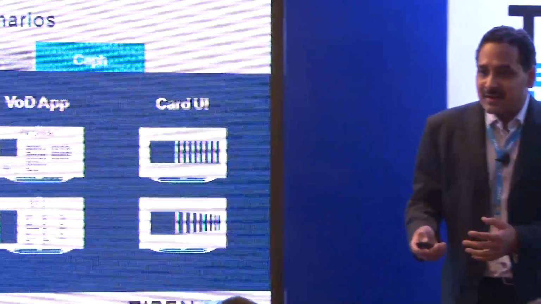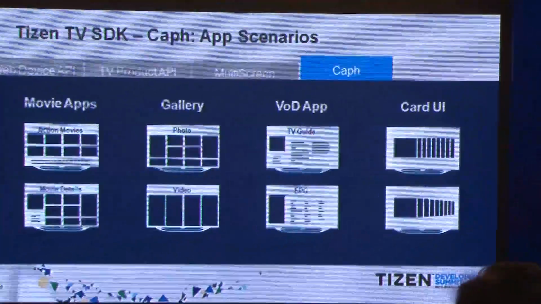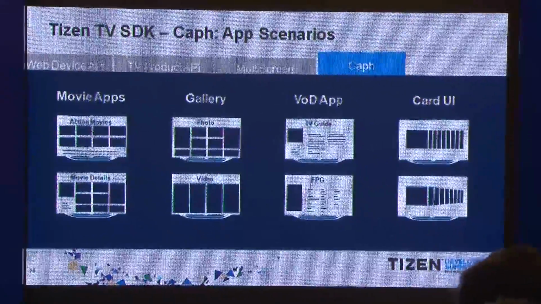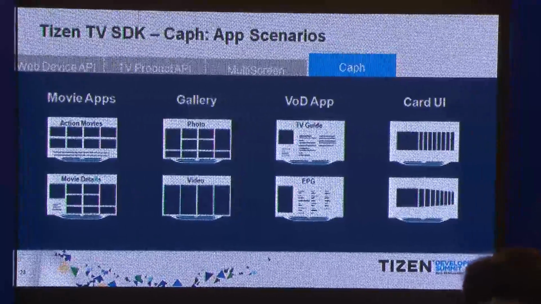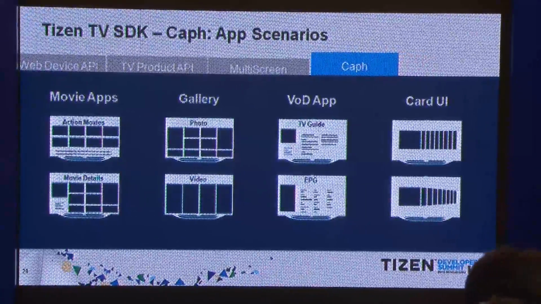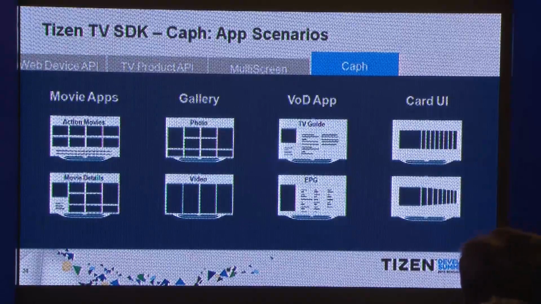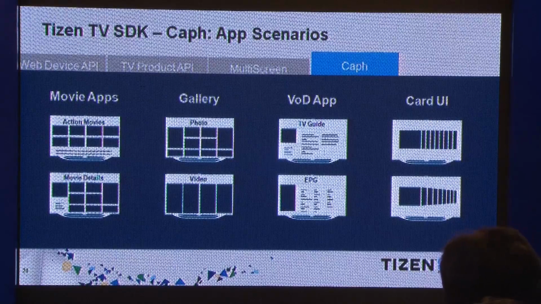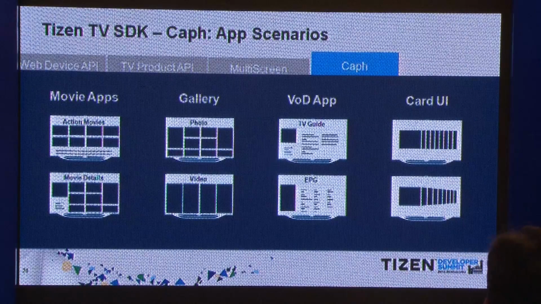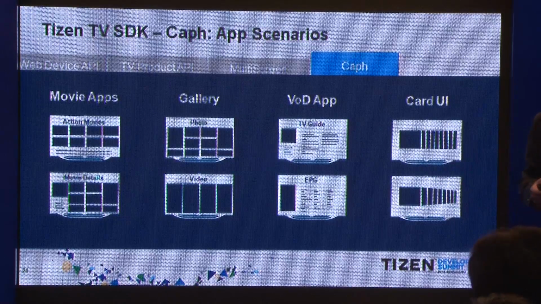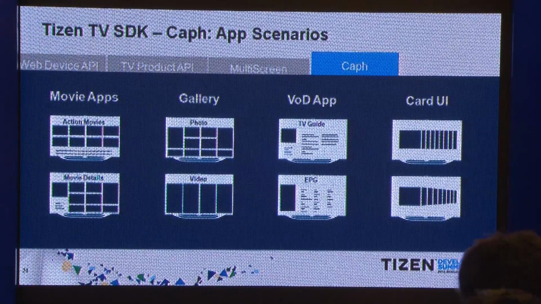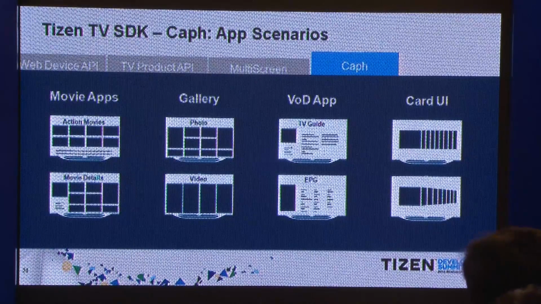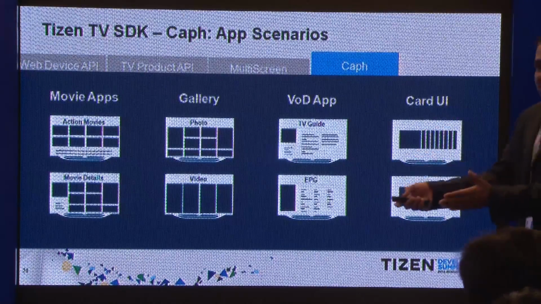If you are working on a gallery or a video on demand application that has media as well as metadata in the content section, and you have to store that content efficiently, and then you also need various layouts from that, Caph gives you that power. Lastly, if you have a graphics rich application like a card space UI kind of application, Caph provides you 3D capabilities for that and various layouts like list.